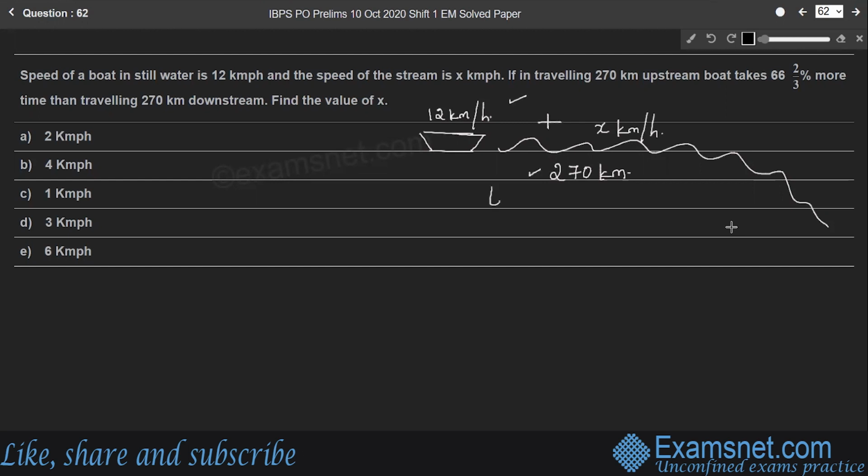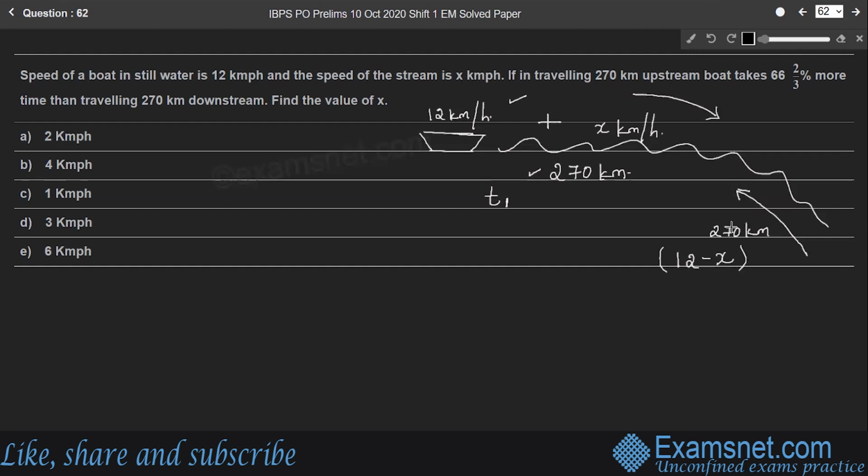So let T1 be the time taken by the boat to travel downstream. Downstream means in the direction of the stream. And in the second case, the boat is traveling upstream, in the opposite direction of the stream, and the distance traveled is the same, 270 km. The upstream speed of the boat is 12 minus x, the speed of the boat in still water minus the speed of the stream.